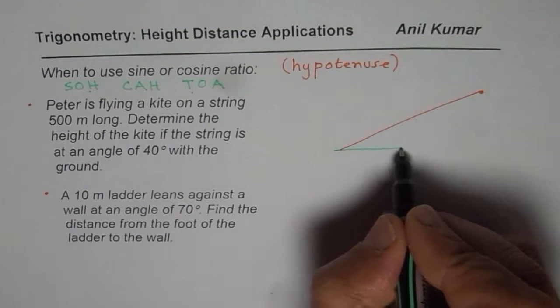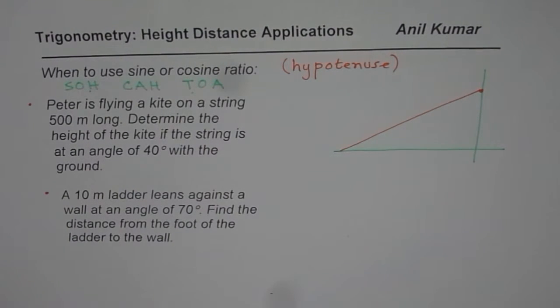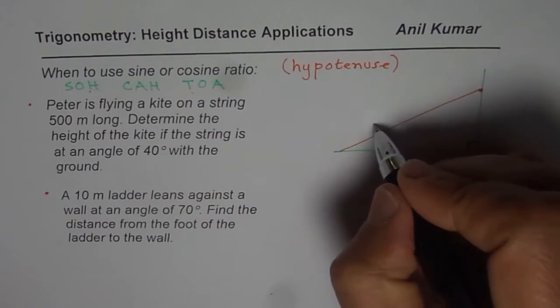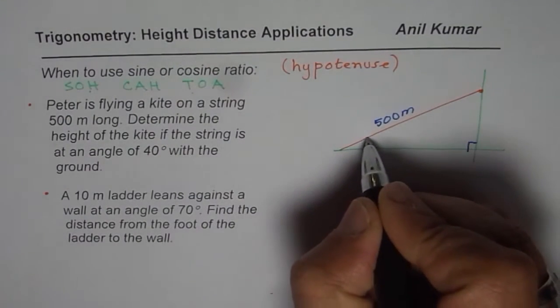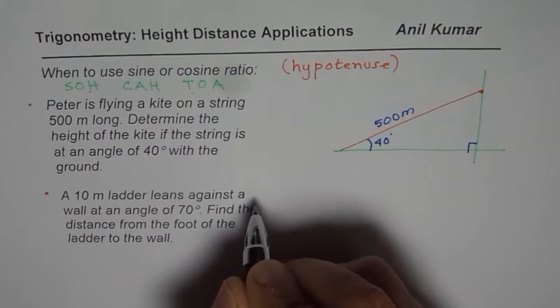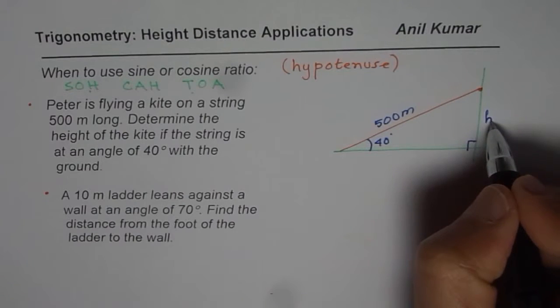Now it says 40 degrees with the ground. That means the ground will be horizontal, and the height is going to be vertical. So what we have involved here is the hypotenuse of a right triangle. This one is a right triangle, correct? We know 500 meters is the length of the string, and the angle given to us is 40 degrees with the ground. It says determine the height, so we need to find the height.